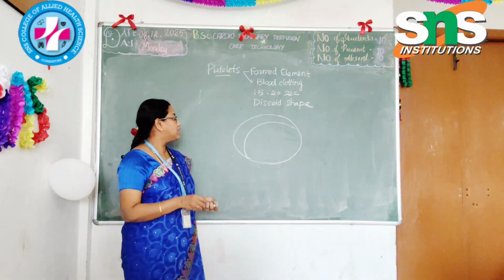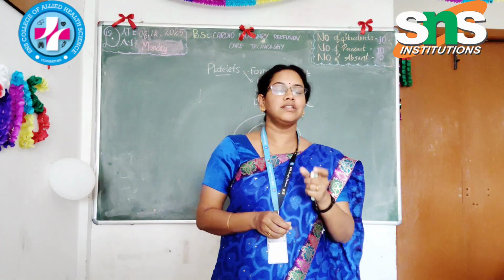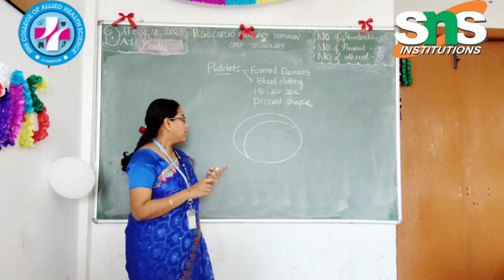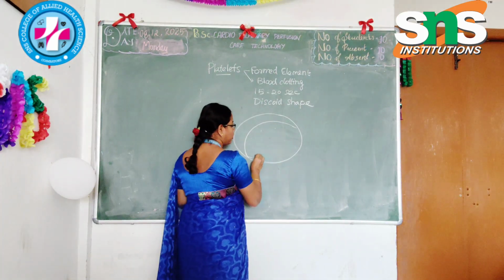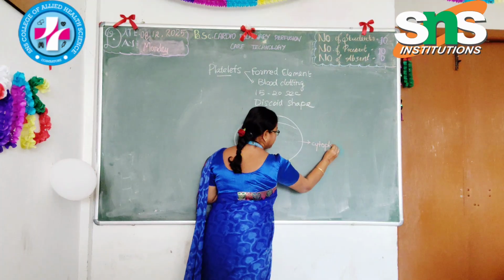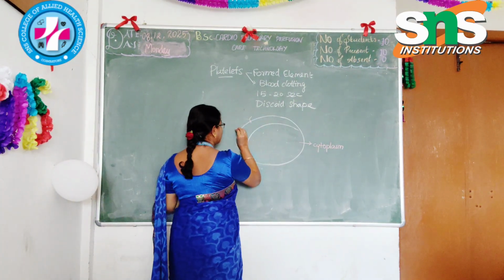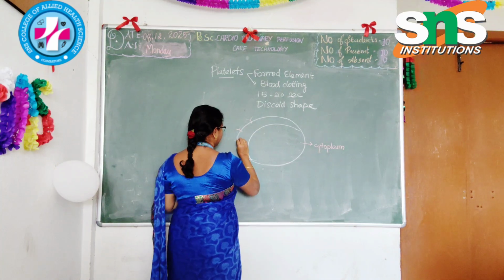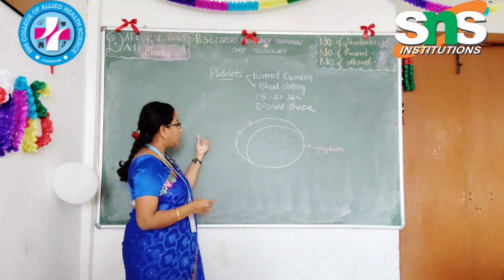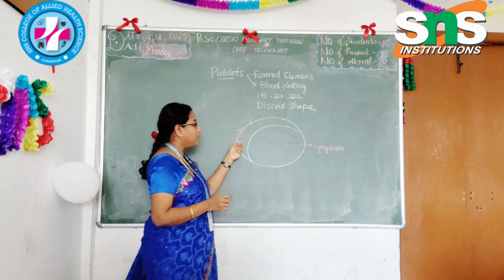Compared to other cells, the platelet has an important structural peculiarity, which is the lack of a nucleus. Platelets don't have a nucleus, but they have cytoplasm. At the top of the platelet you will have receptors, receptors on the surface of the platelets. These receptors will join with the damaged endothelium to form a clot. That is the main purpose of having these receptors.